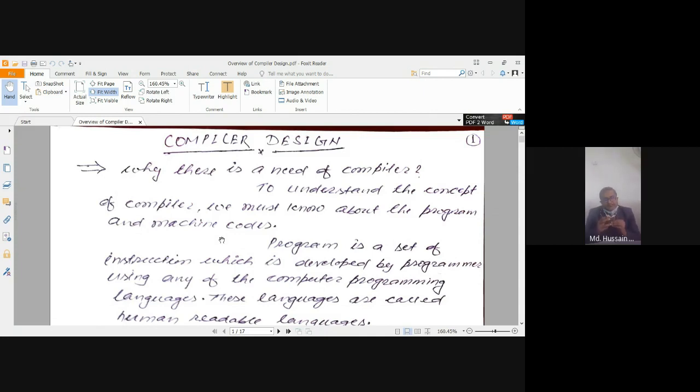Second one is syntax analysis. Third one is semantic analysis. Fourth one is intermediate code generation. Then code optimization. And the last one is code generation. So we give input to this compiler and it produces object code or executable file as an output for further processing.